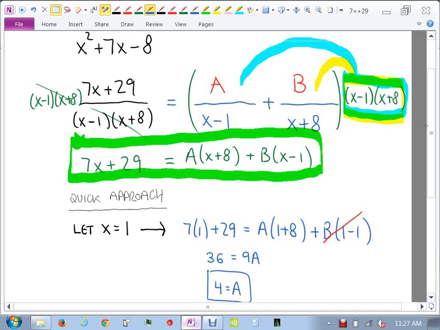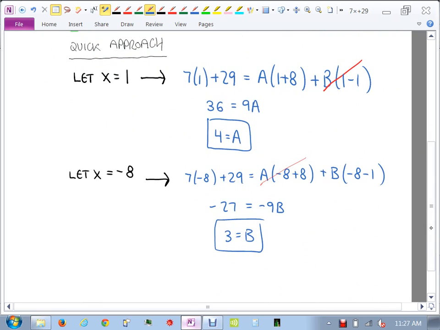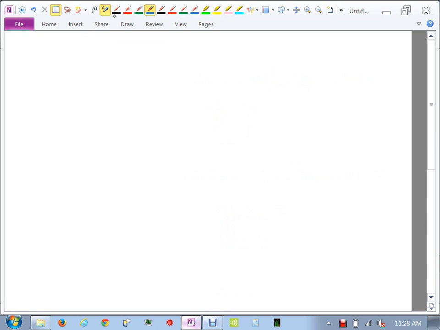So I have done what I set out to do, right? I have found a way to take that original expression and break it into two other expressions. So let me put this all together now into a final problem. Let's suppose we're given the integral of 7x plus 29 over x squared plus 7x minus 8 dx.